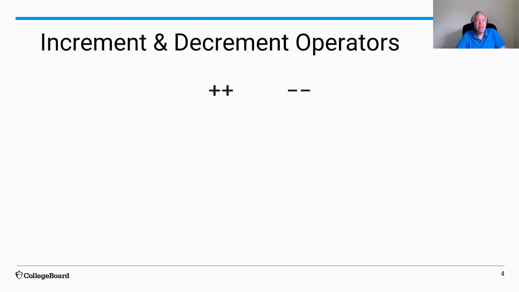So these are our increment and decrement operators, plus plus and minus minus. They always have to be attached to a variable that contains a value. Let's look specifically at plus plus.